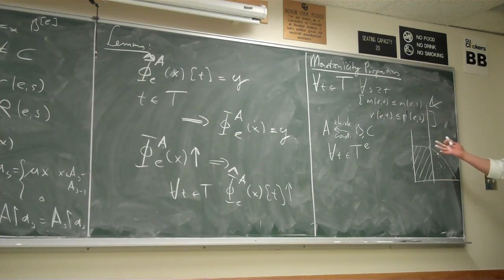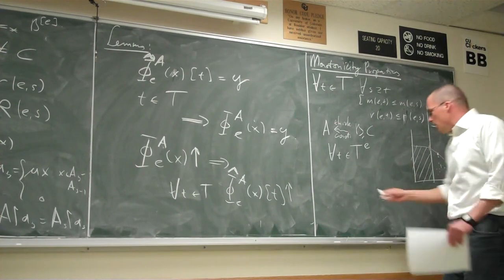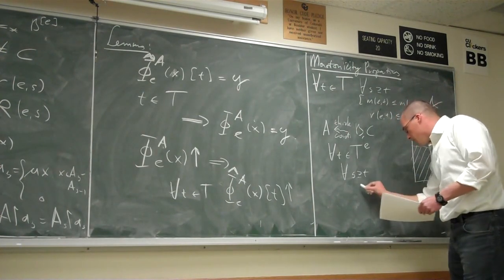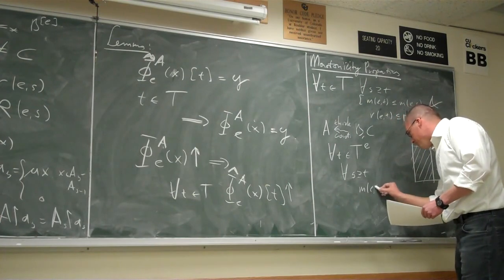So this is weaker than, certainly an actual true stage for A is a T_e true stage, but not the other way around. So for each of these true stages, and for every s that comes later, we get the same conclusion.